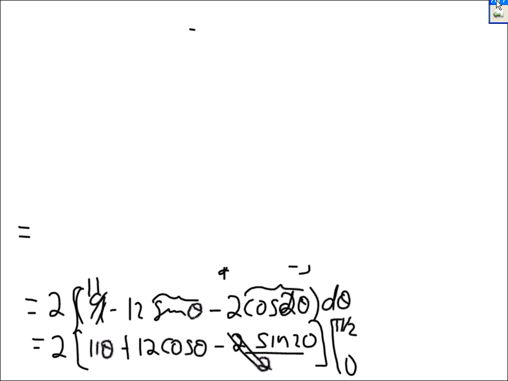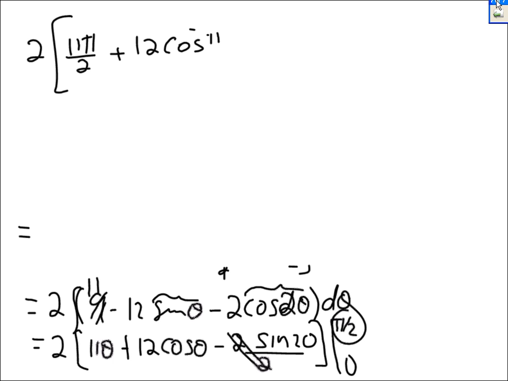First we plug in pi over 2. We got 2 in front, stays. So we get 11 pi over 2 plus 12 times cosine pi over 2 minus the sine of twice pi over 2, which is just pi.